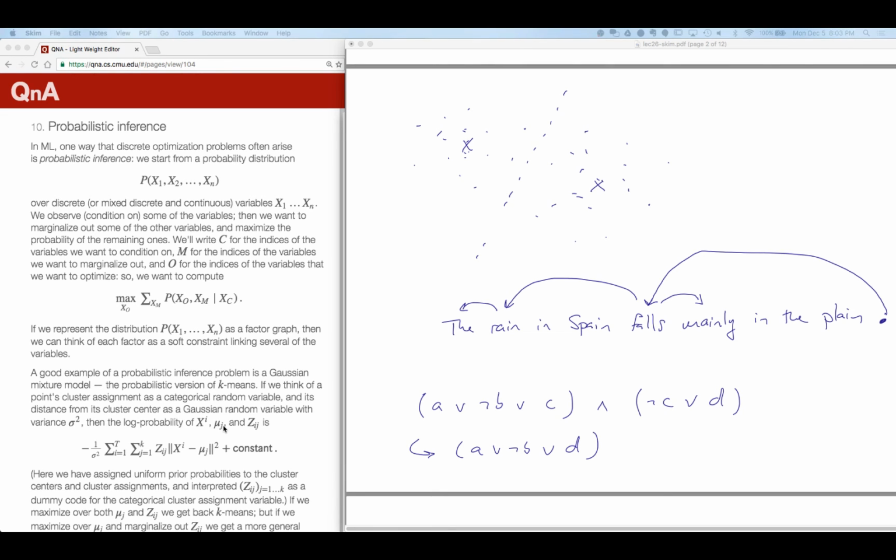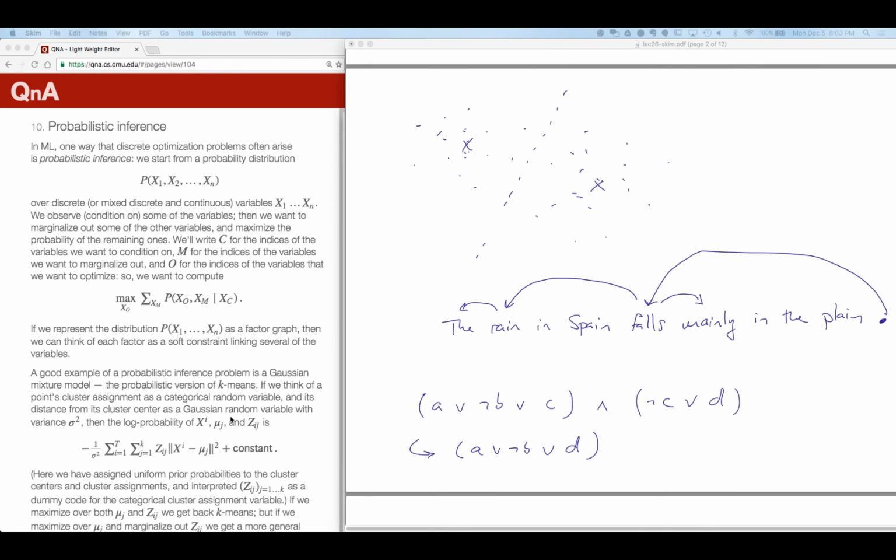And if we make the simplest possible assumption that we have a uniform prior probability for the mu's and the z's, we get this as our log likelihood. So it's essentially exactly the k-means objective, scaled by the variance that we expect for these, and offset by a constant that doesn't matter for optimization.